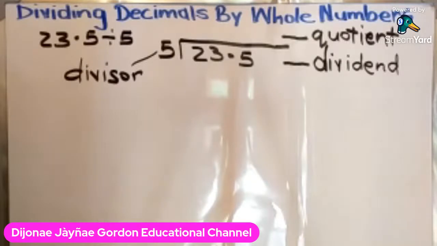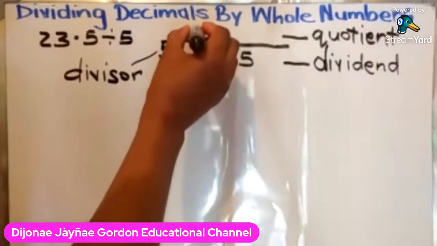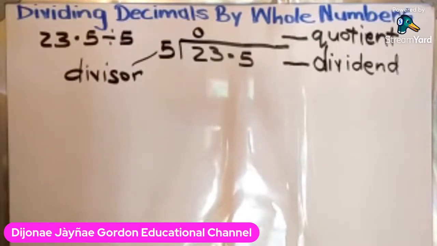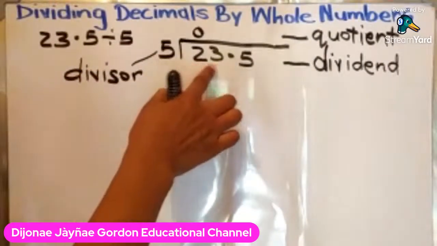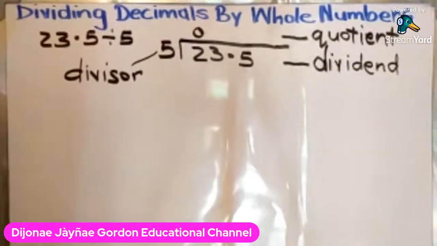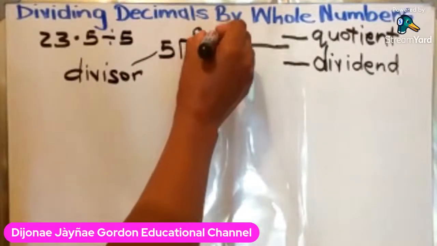So we're going to put a 0 here to say no, we can't. Then the next thing we're going to do is put these two digits together, and we get 23. How many groups of 5 can you get from 23? We can get 4 groups of 5.